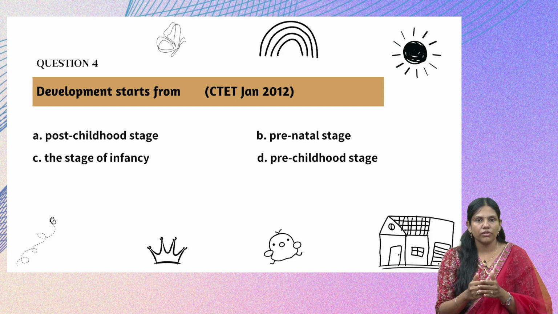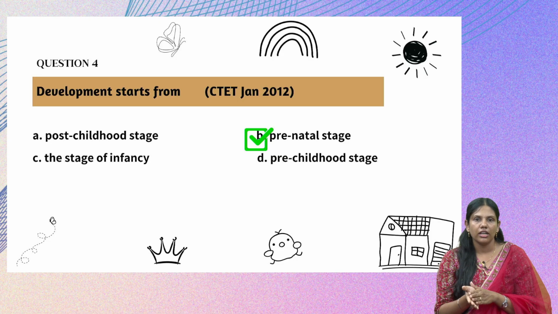Then the stage of infancy, that is after birth to 2 years. Then pre-childhood stage, that is 2 to 6 years of age. But we have learned that development starts before birth and continues till death. So for that statement, the correct answer would be B, that is prenatal stage. Development starts from the prenatal stage and continues till death.